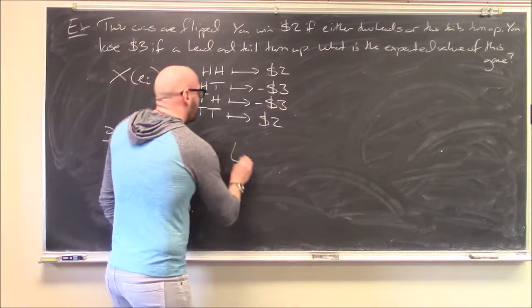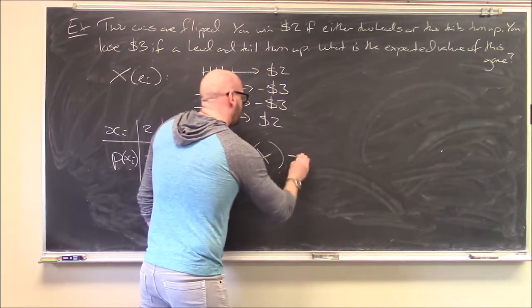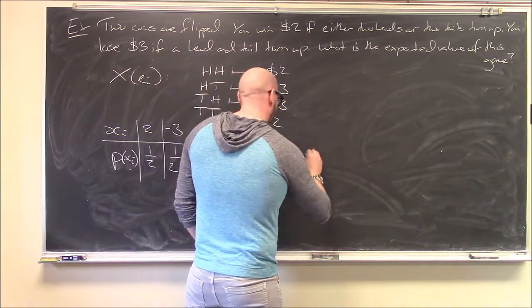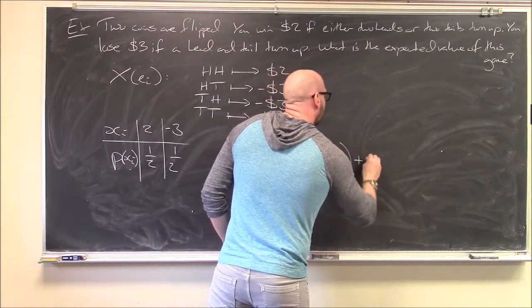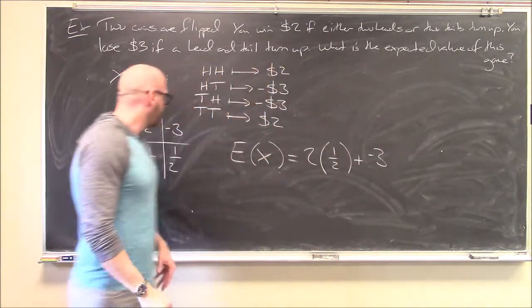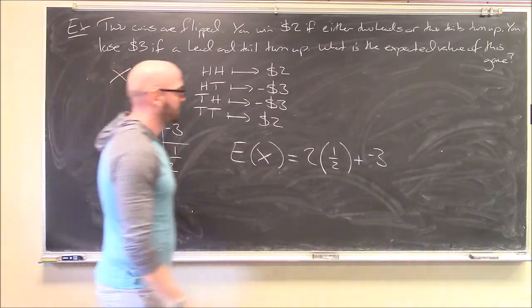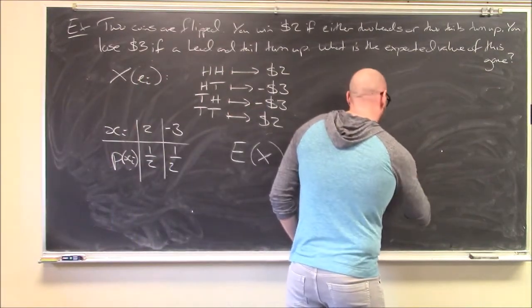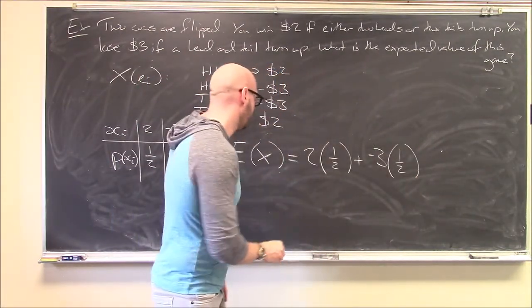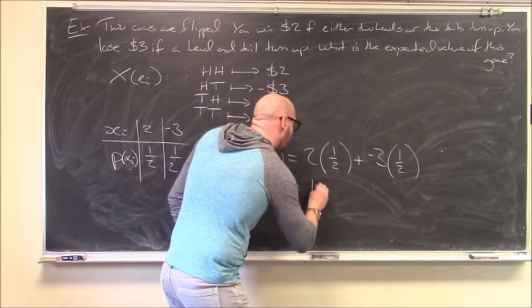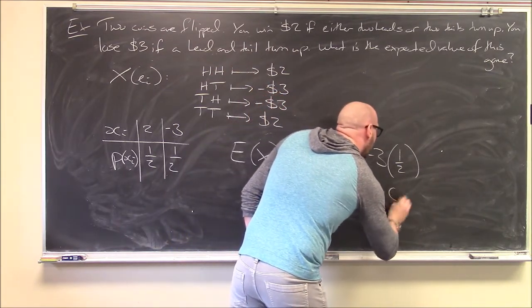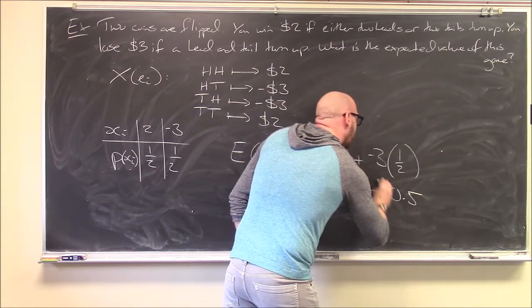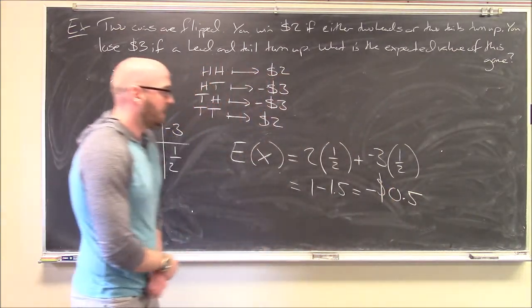And to compute the expected value now, I've got 2 times 1/2 plus -3 times 1/2. So this is 1 minus 1.5, or minus 0.5, and I'll put some units in there, dollars.